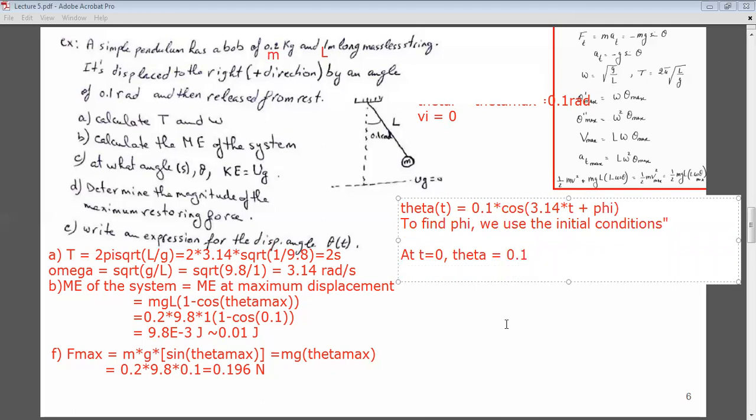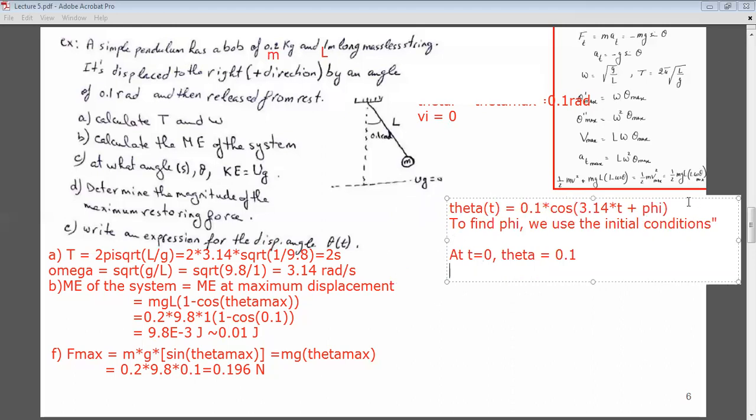Now I plug this in this equation over here. So theta at time 0 is equal to 0.1. So I say theta of 0 is equal to 0.1.